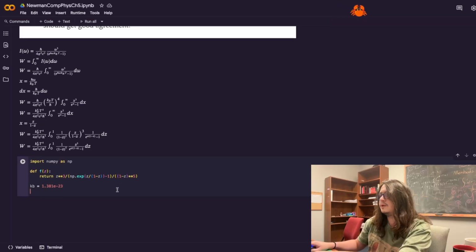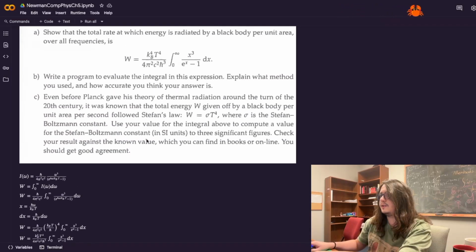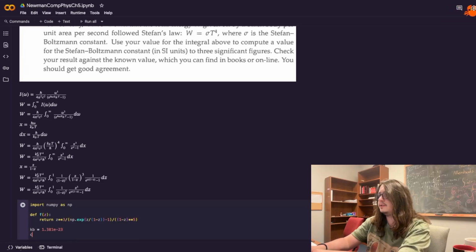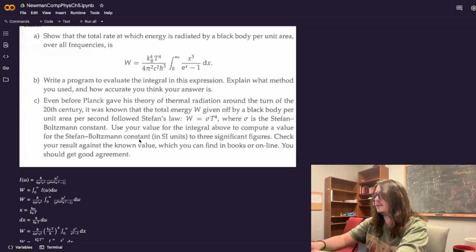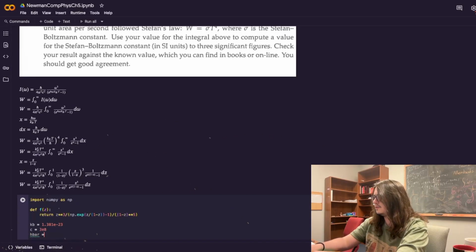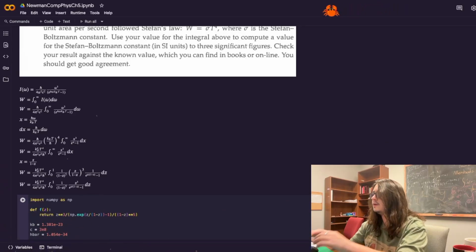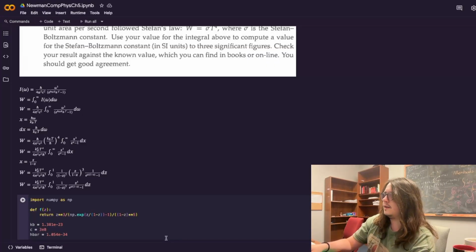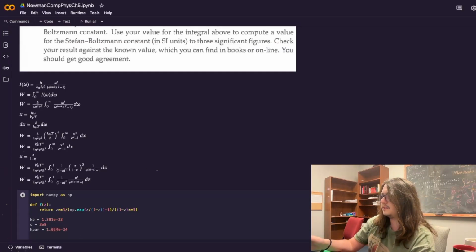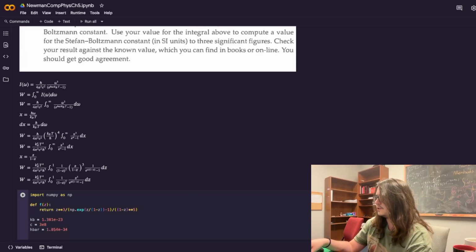Then we are going to need c, the speed of light, 3e8 or thereabouts. And then what was the next one? H bar. That was, I think, 1.054 e to the minus 34. Let me check Wikipedia. Yeah, that's about it. And this is all in SI units, so meters, seconds, joules, all that jazz.